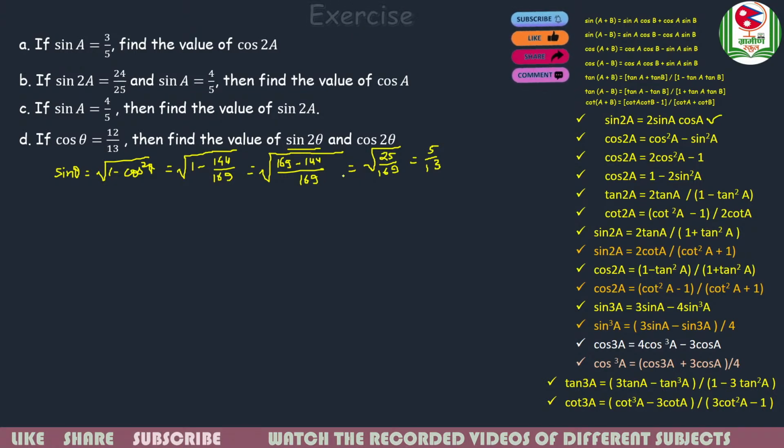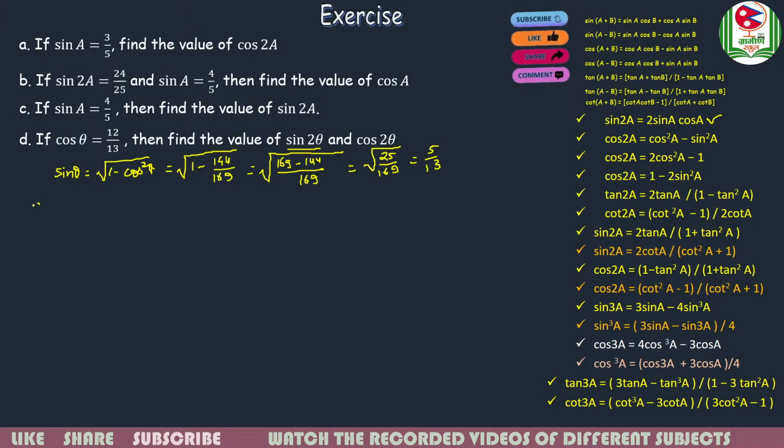You don't have to find both cos theta and sin theta while finding cos 2 theta, but in the case of sin 2 theta, it's better to find both. If cos theta is given, then find sin theta. If sin theta is given, then find cos theta. Okay, so now we have to find the value of sin 2 theta and cos 2 theta.